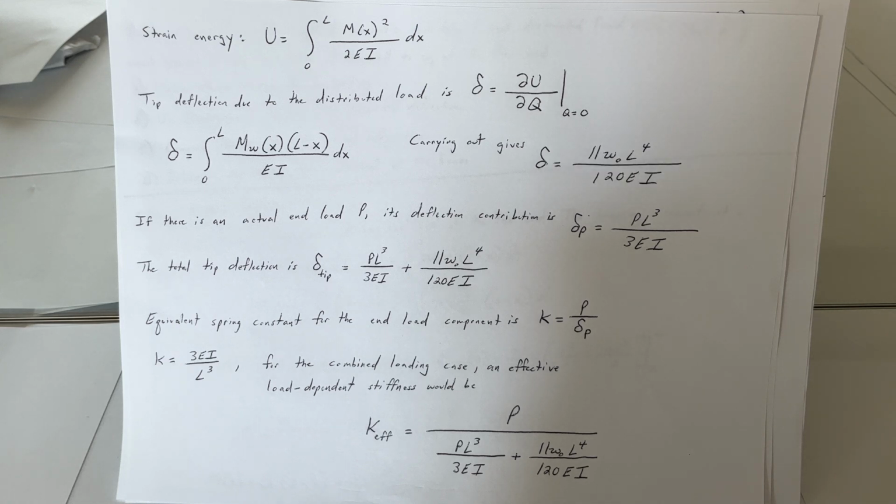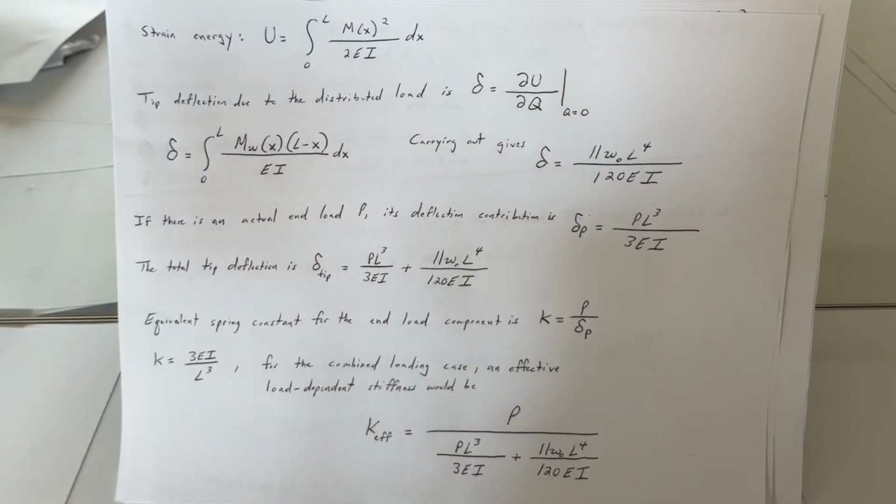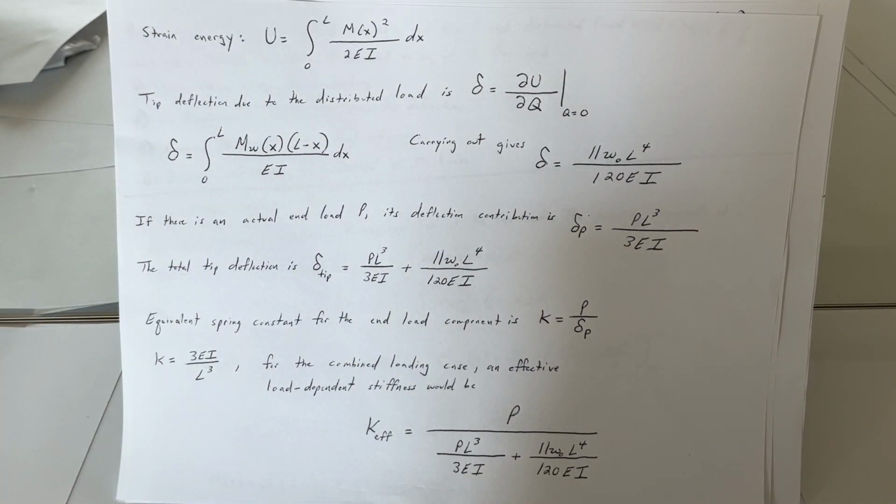If there's an actual end load P, its deflection contribution is delta sub P equals PL cubed over 3EI.